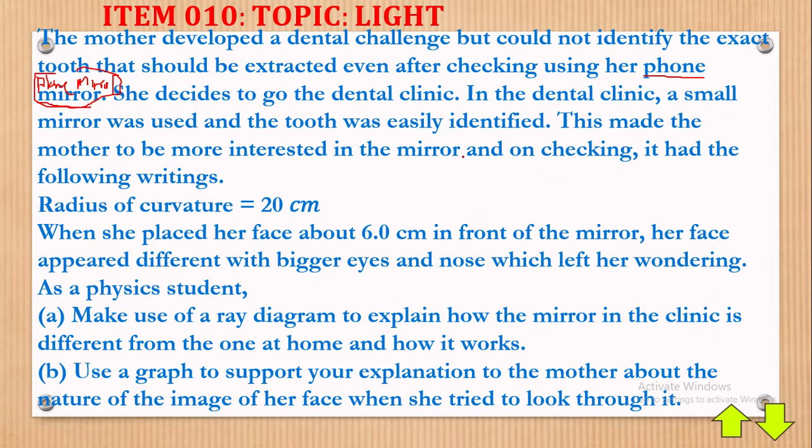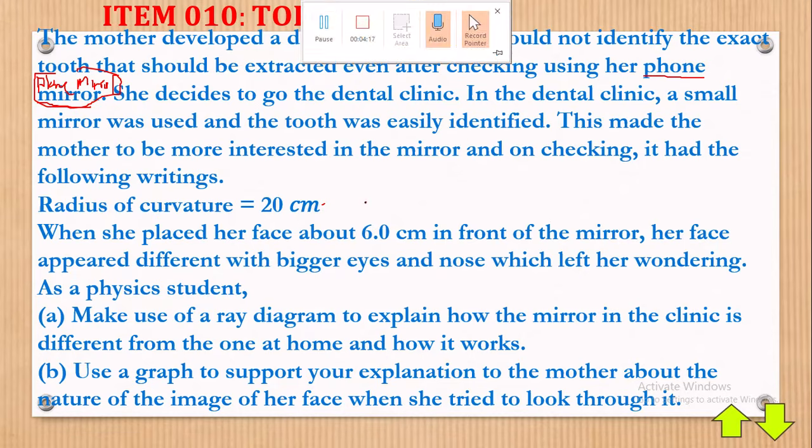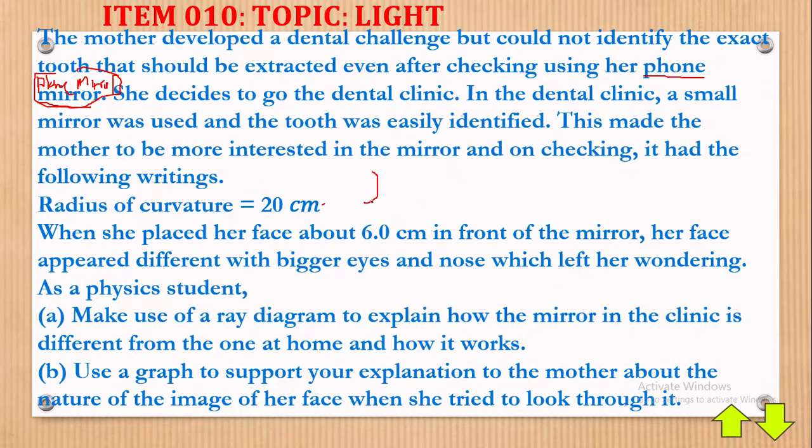She saw that the mirror used in the dental clinic had the writing radius of curvature 10 centimeters. If it has a radius of curvature, then expect two things: we can either have a concave mirror like that, or a convex mirror like that.